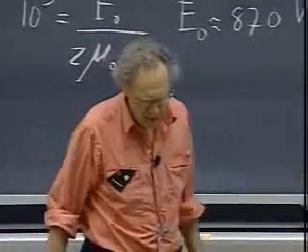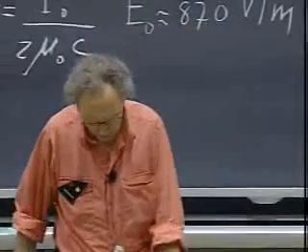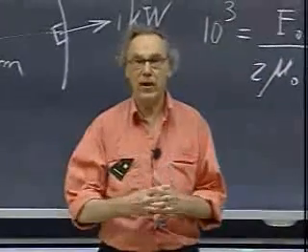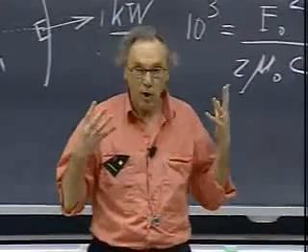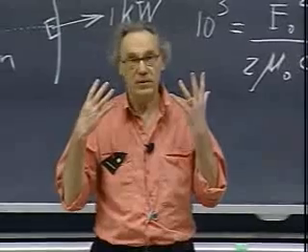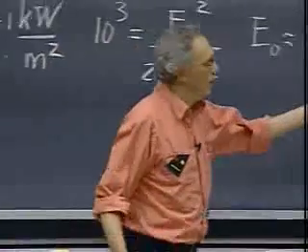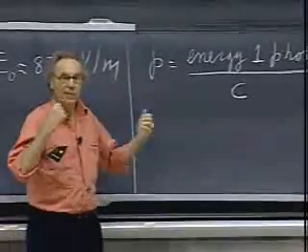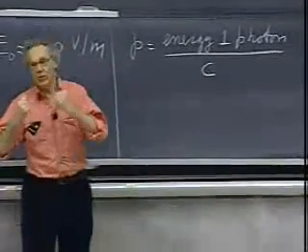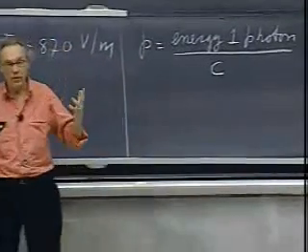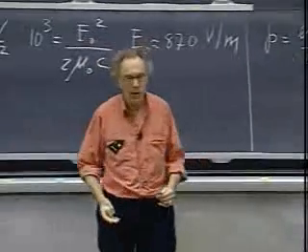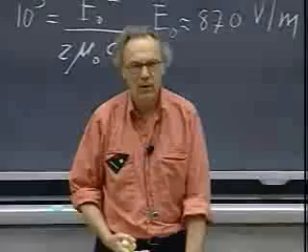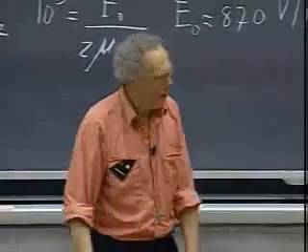And now if I shoot many photons at a target, and these photons are absorbed by that target, then the target will experience a force. Because if the photons carry momentum, photon, photon, photon, photon, photon, I feel a force. You remember from 8.01, a force is dp/dt, the transfer of momentum.